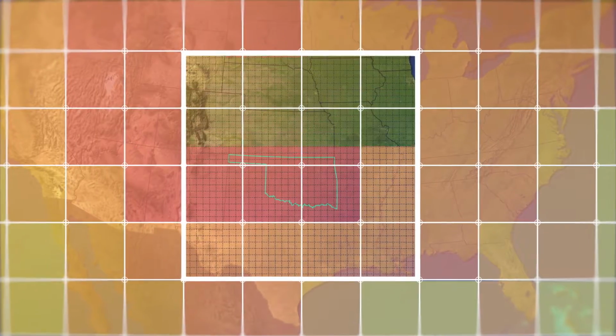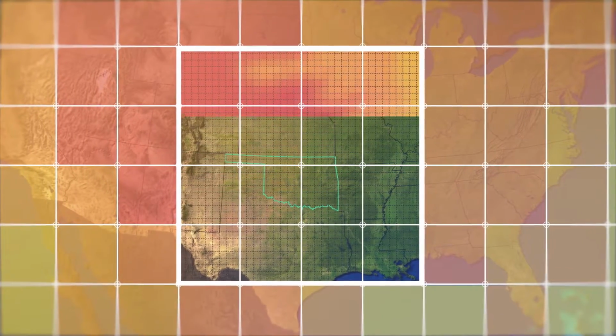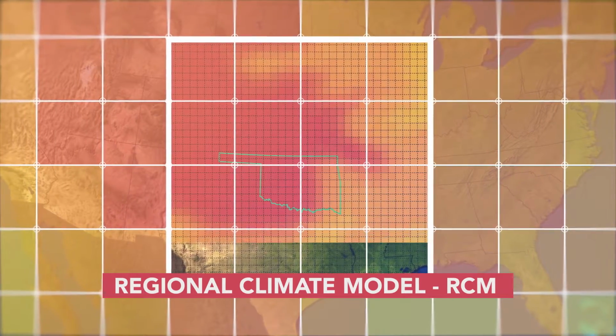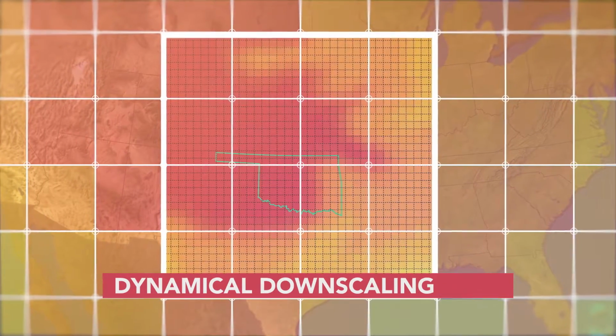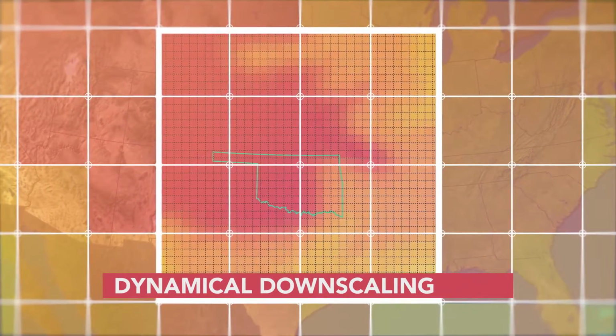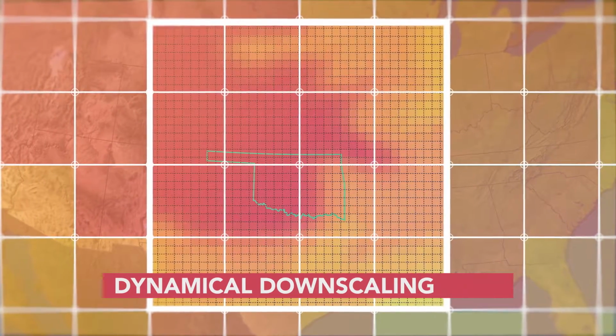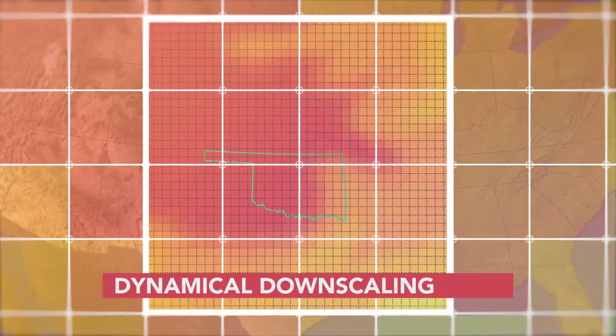The second approach generates finer scale information using regional climate models. This approach is known as dynamical downscaling, and it is less computationally intensive than the first one because it only models a small part of the globe, such as North America. Nonetheless, it still has high computational requirements that can make it impractical for practitioners with access to single workstations.